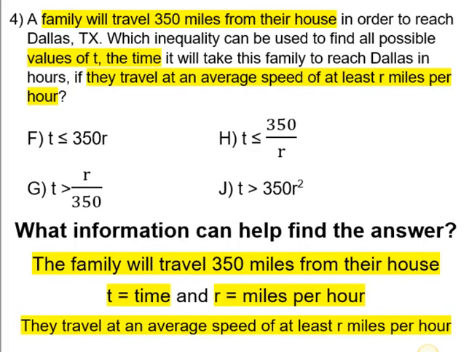All right, so let's look at what information can help us find the answer. Number 1, we need to know that the family will travel 350 miles from their house. We also know that our variable t equals time, and our variable r is equal to miles per hour, and that the family travels at an average speed of at least r miles per hour.